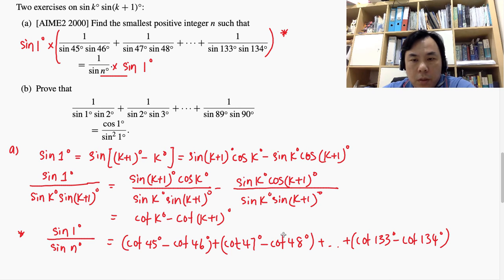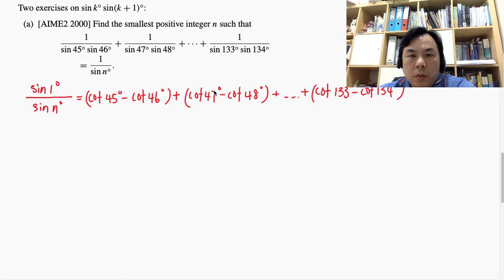So I hope that you can remember this result here. I'm going to move this onward so that I have more space to write here. Alright, so from here onward we can do some arrangement with the trigonometry ratio.